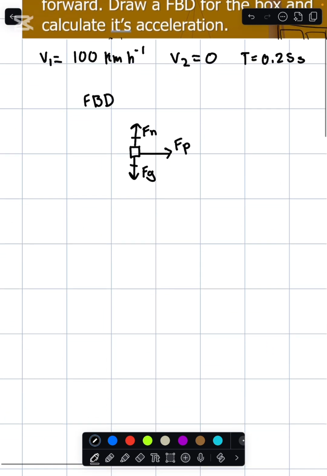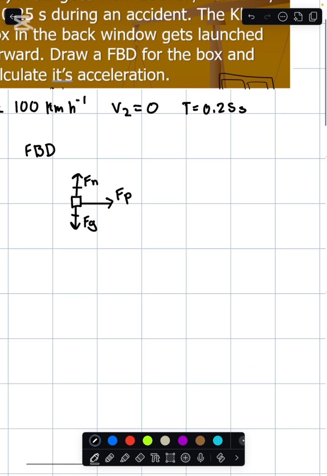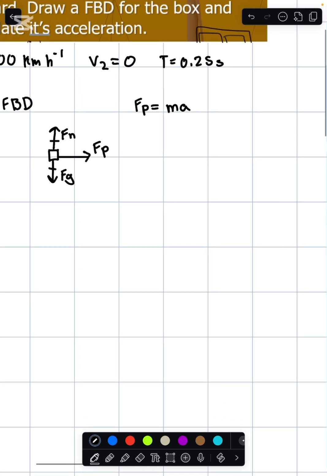After that, we have to find our A value, because that's all it tells us to find. So we already know that our FP is also going to be equal to our MA, and we also know that our Fn and Fg cancel out, so that would just be equal to 0.